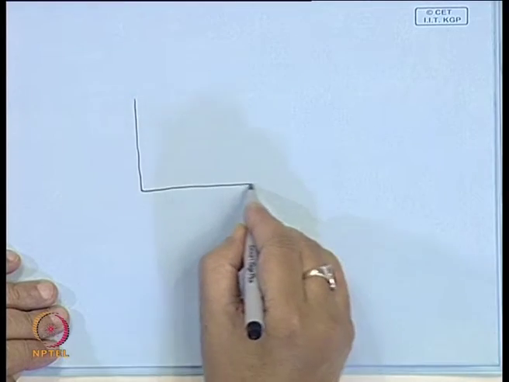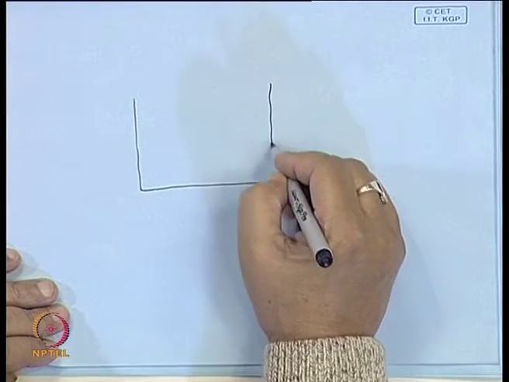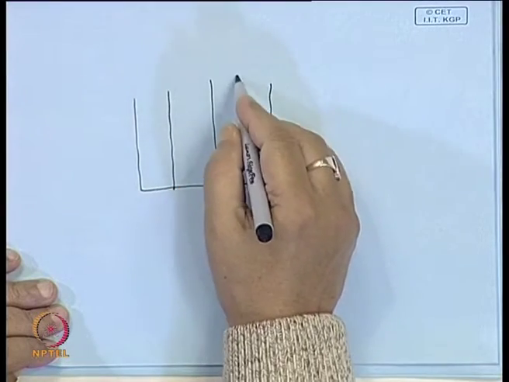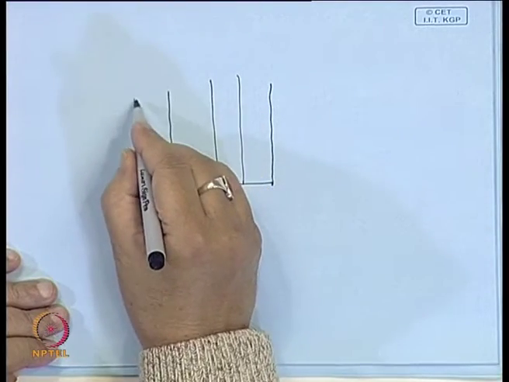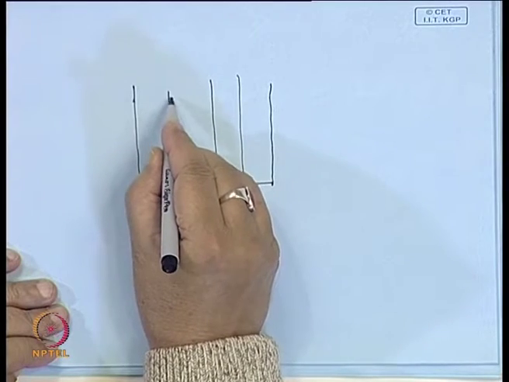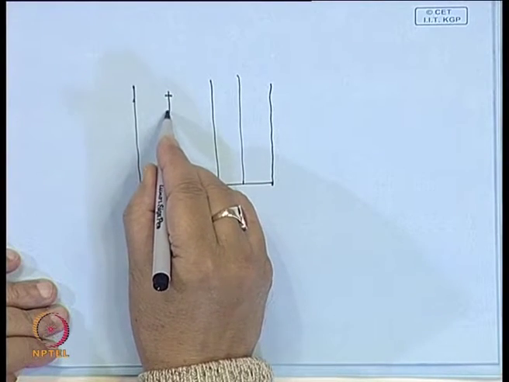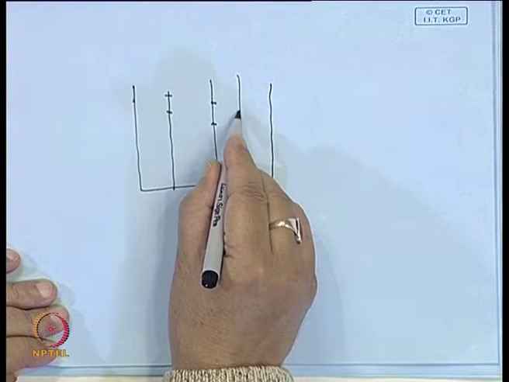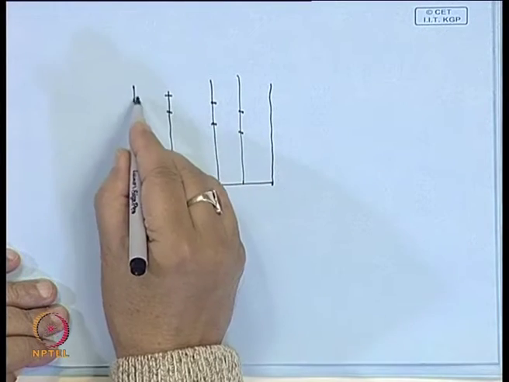What you can do is pick up a set of alloys. For each alloy you plot T L here, T S here, and so on.